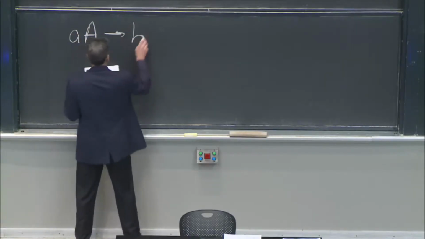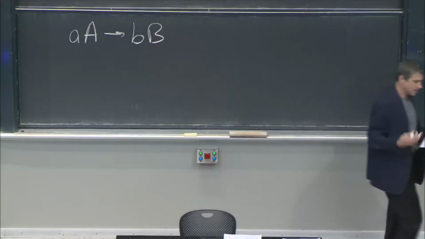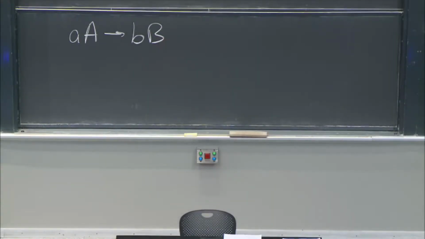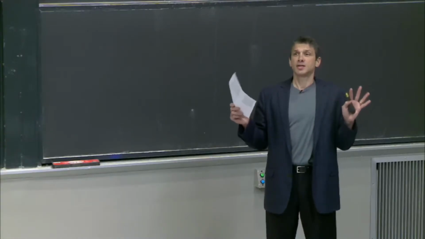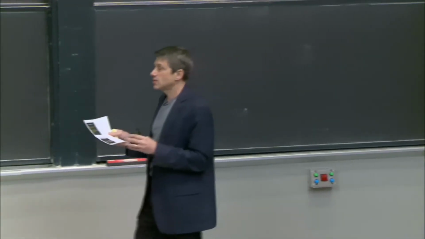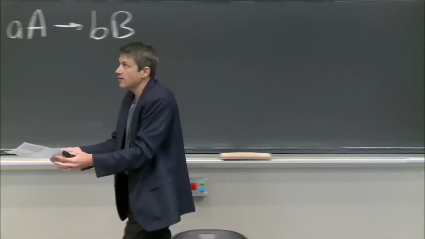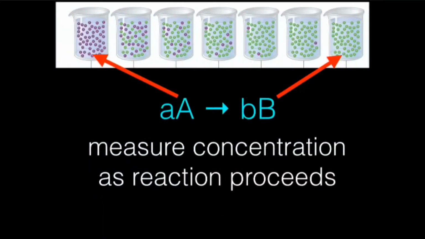So A goes to B. Now, the very first thing that I can think about in this is that nothing is lost. I'm going to assume that nothing disappeared from my container. The container's there, so I haven't lost any mass.